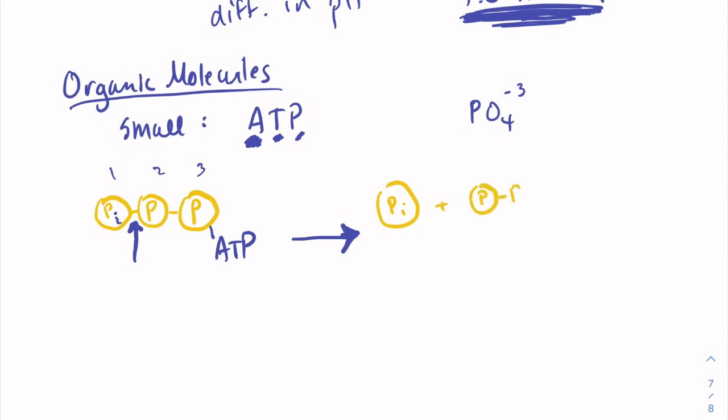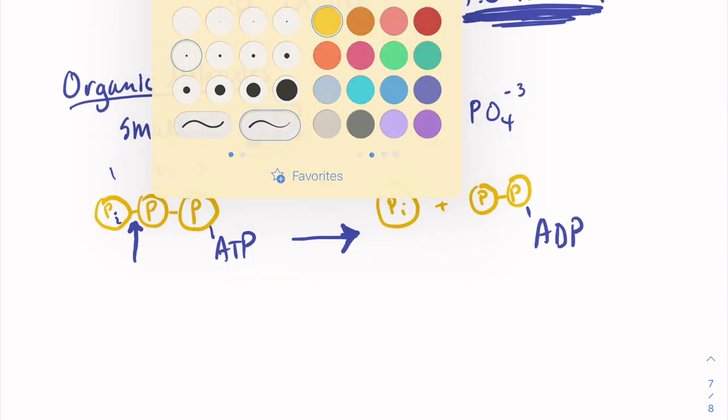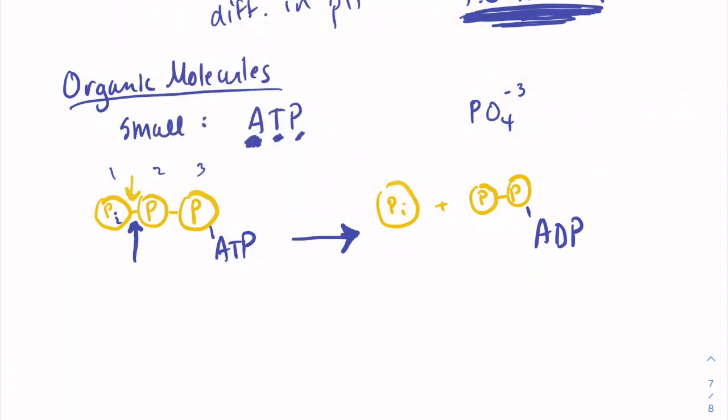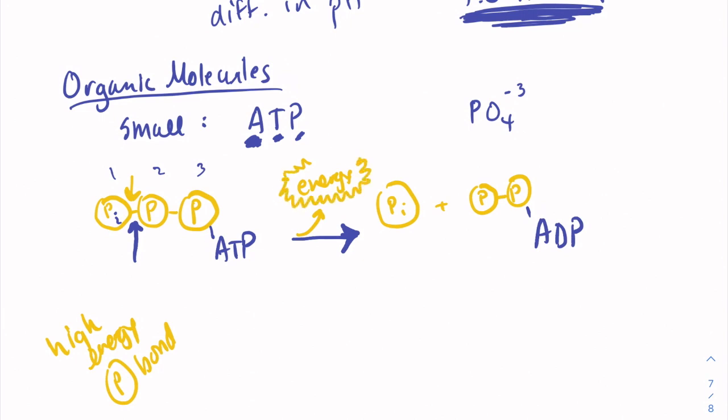Oftentimes it gets attached to another molecule like that, and that actually releases energy. So we say this bond here is a high energy phosphate bond. It releases energy that the cell can use to do stuff.